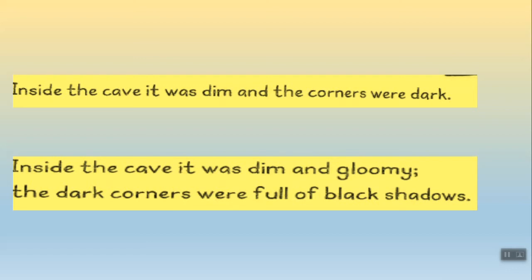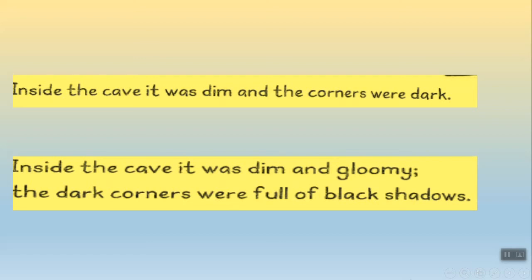Here, what do the synonyms do in the second sentence? They change the idea. What does the second sentence tell you about the cave? How was it? Was it joyful or scary?